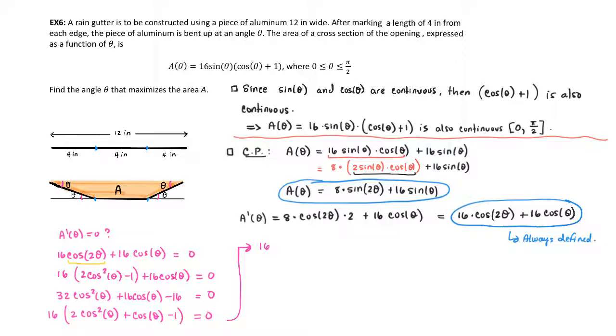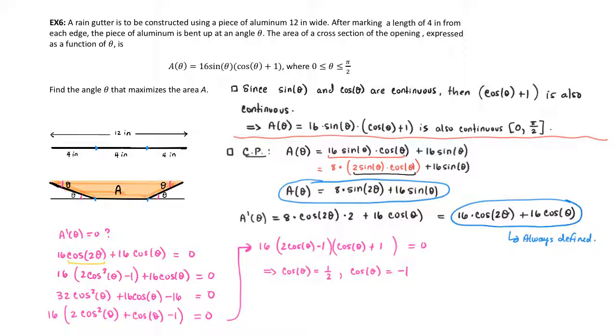That means 16 times, and then factoring the quadratic, we have 2 cosine theta minus 1 times cosine of theta plus 1 equals 0. So then that implies that cosine of theta is equal to 1/2, and over here cosine theta is equal to -1.